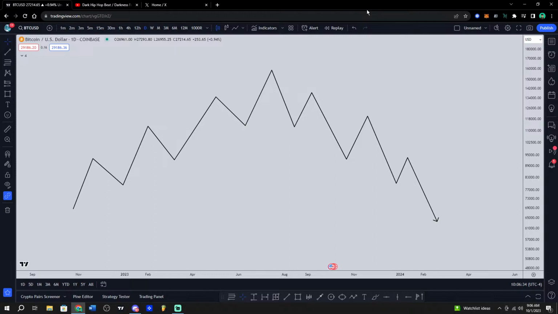There are four primary components of market structure. What are those components? We have a higher high, a higher low, a lower high, and a lower low.